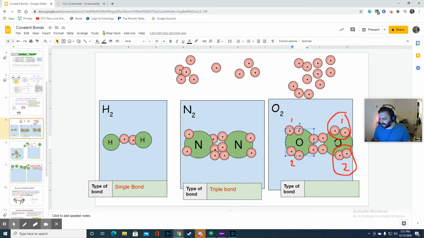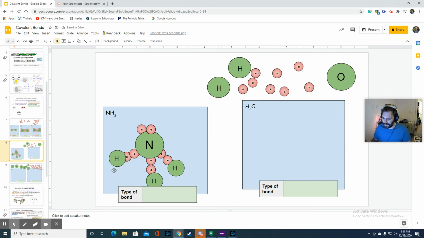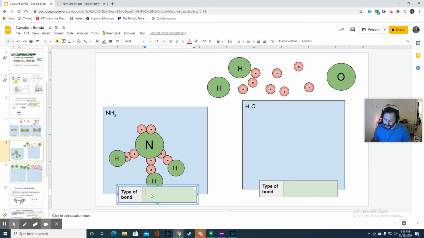This oxygen is sharing with this oxygen. So that's a double bond. All right, and if we go here, how many? I see just 1 pair being shared here, 1 pair being shared here, and 1 pair being shared here. That's a single bond.